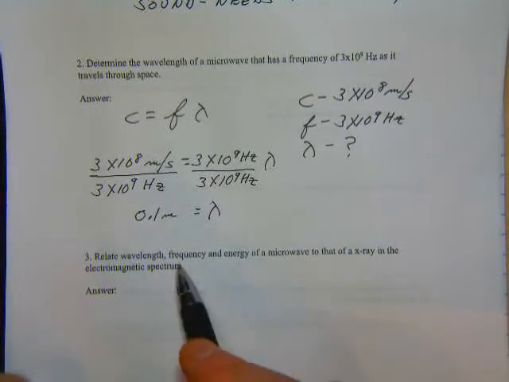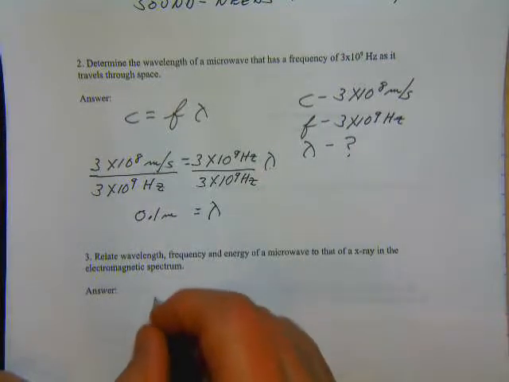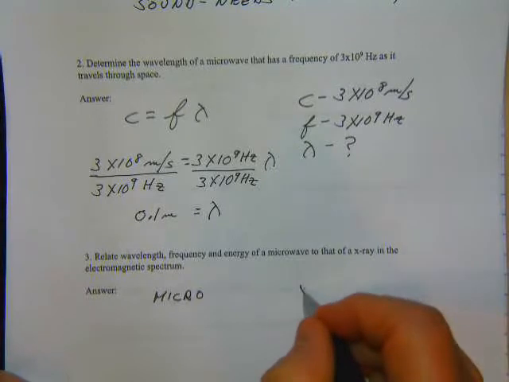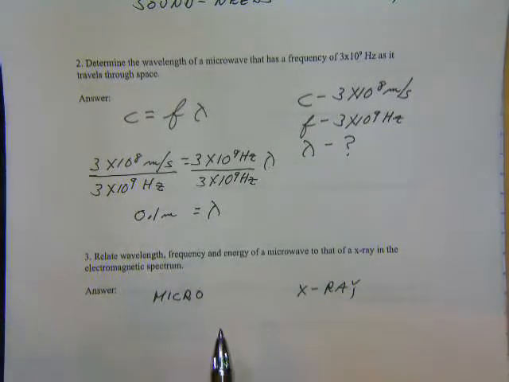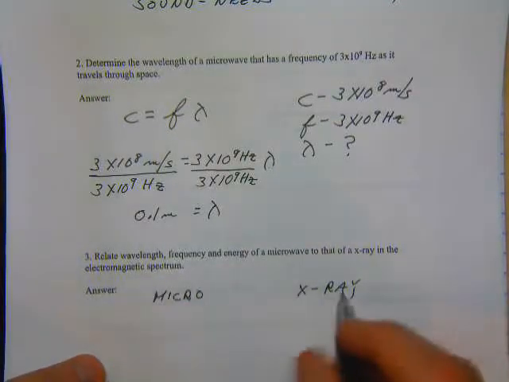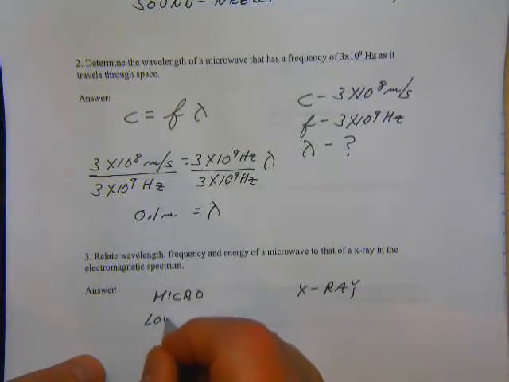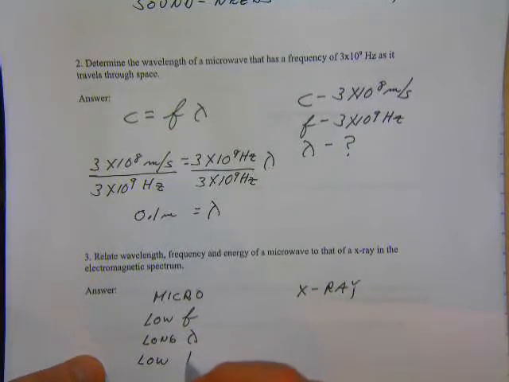Question 3, relate wavelength, frequency, and energy of a microwave to that of an X-ray. So I've got a microwave and I've got an X-ray. Microwaves have a lower frequency than that of an X-ray. So they're going to have a longer wavelength, and they're going to have low energy.